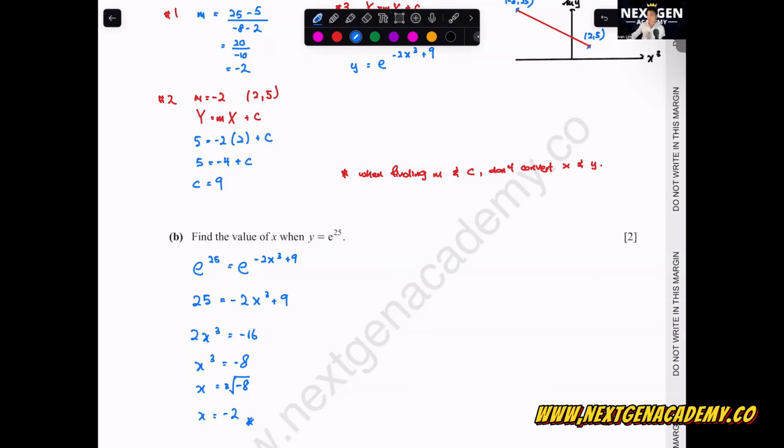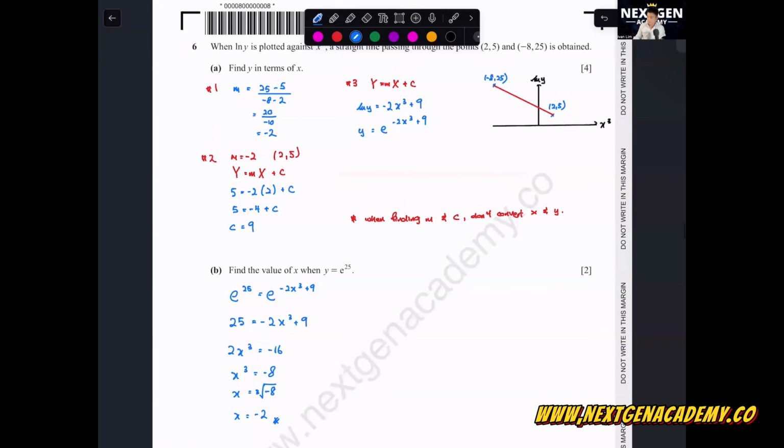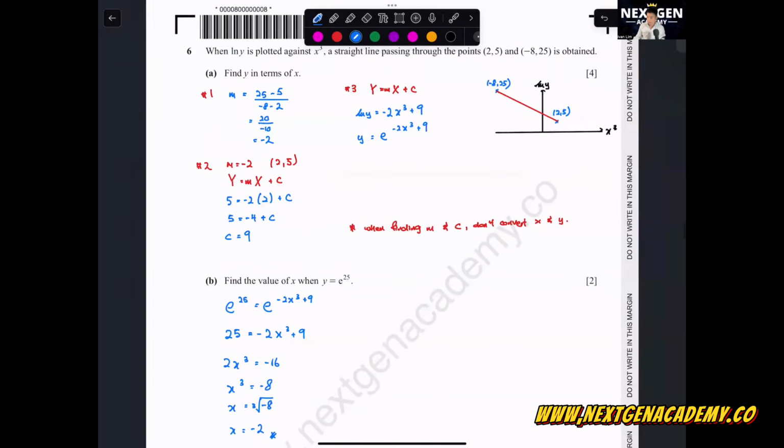Can you use y equals mx plus c? Can. For this question, can. Yeah, just follow this one. If you want to use y minus y1, for this specific question it will be a bit more complicated.